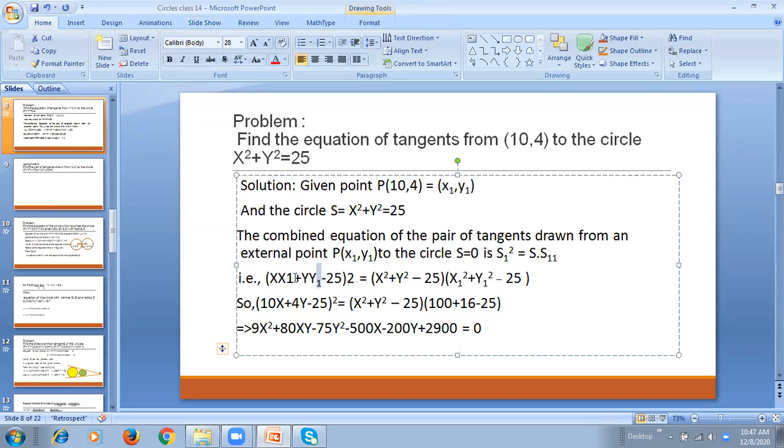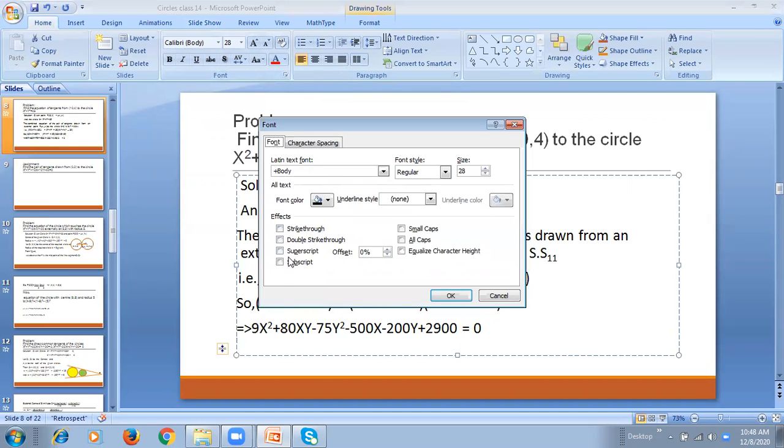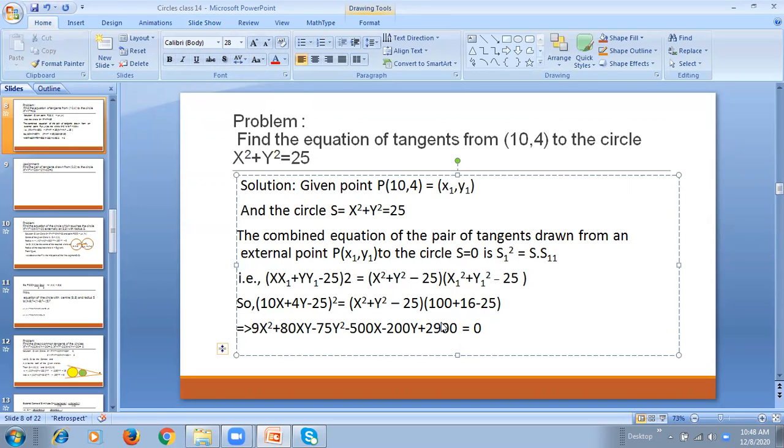Now it will be x1 plus y1 minus 25. So x1 plus y1 minus 25 whole square. Let us take whole square.